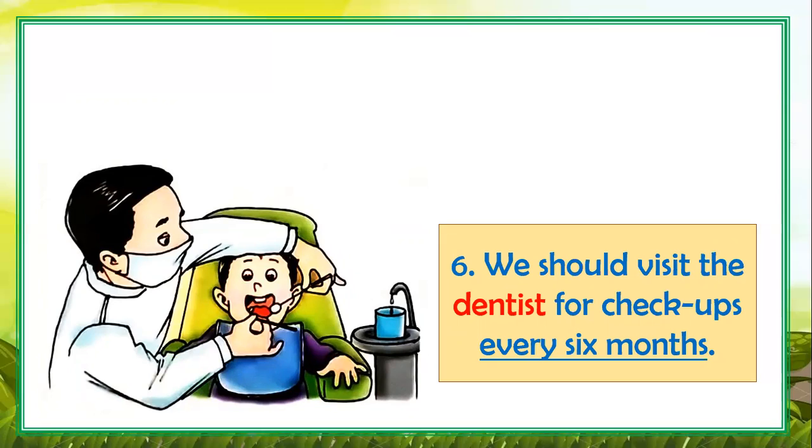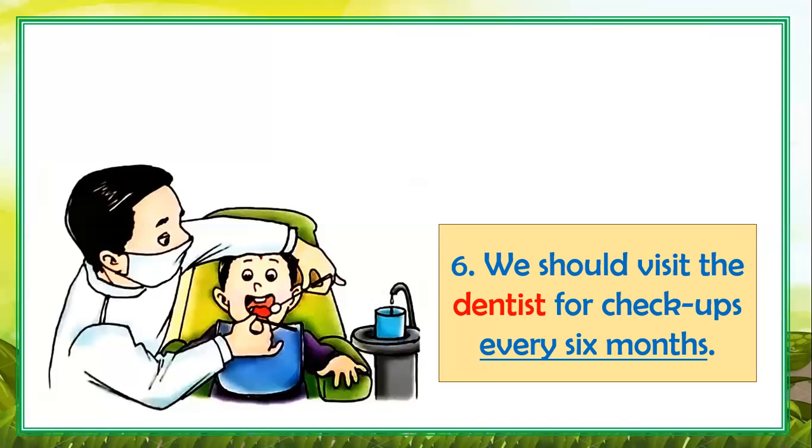Why do we need to visit a dentist? Because it will prevent us from having tooth decay. And remember, if we have beautiful teeth, of course, we can smile beautifully. And it will also help us look pleasant.